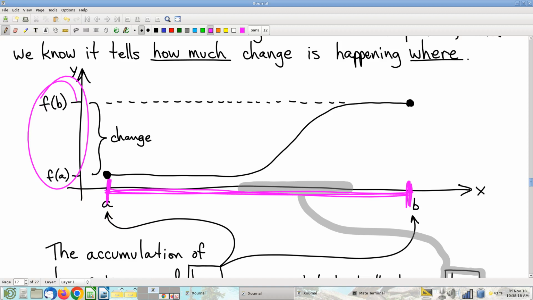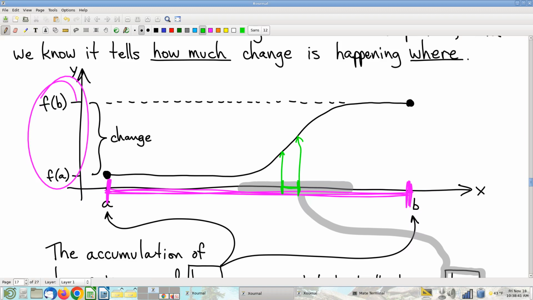You measure it on the boundary. That's not really where the change comes from. The change doesn't come from the boundary. That's a measurement thing. That's not where change happens. If you want to know how much change actually happens on a little sub-interval in here, no problem. How much did the function change? Well, measure it.